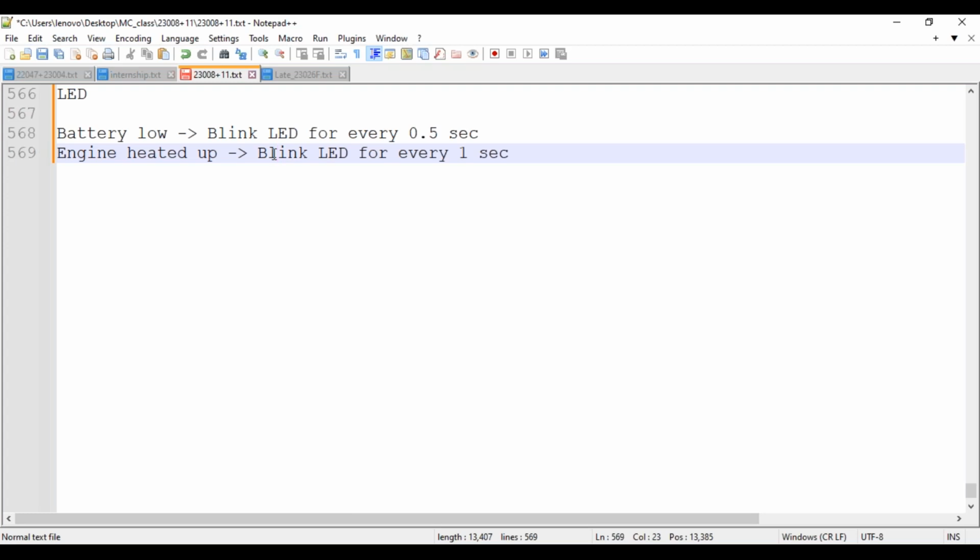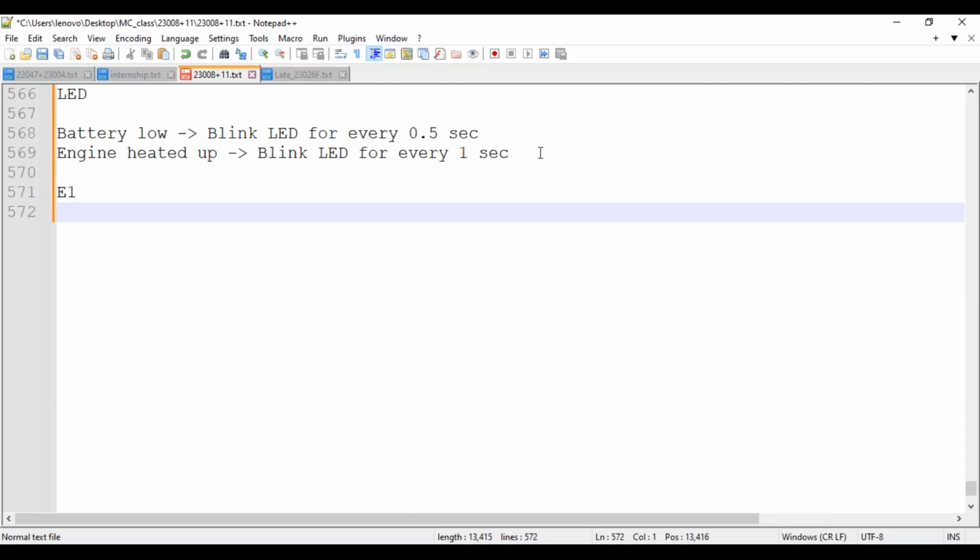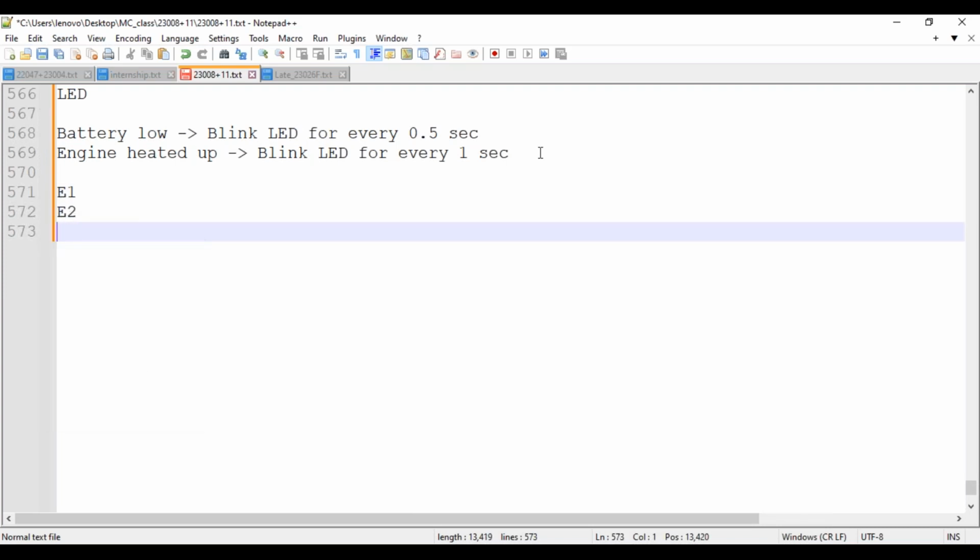Now, instead of blinking the LED at different frequencies or a certain number of times, don't you think it will be good if I can display error numbers at least? Error 1 like this, error 2 like this, error 3 like this.